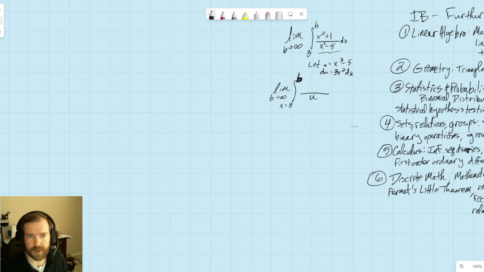So my recommendation usually is to say, okay, we need a 3 stuck in front of all this stuff, and to balance it out, we need a 1/3 out front. And then down here, we've got the 1/3 there. Here, this is going to make a 3x squared dx. So that's going to be all one thing, so that's just going to be du. Then we have added to that a 3 times 1 dx. So here, this is also going to be a 1/3 as x goes from 3 to b.